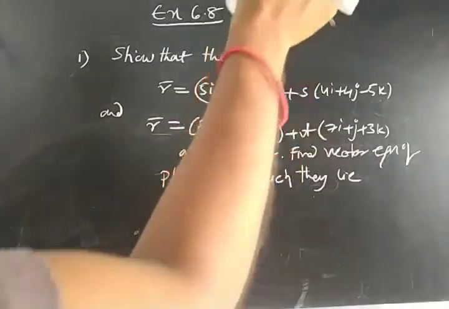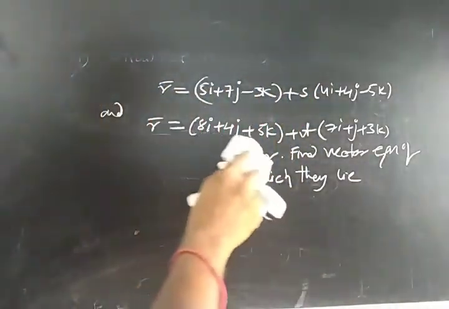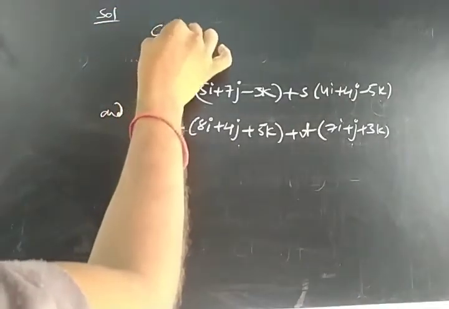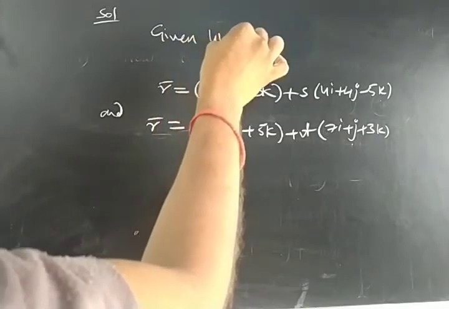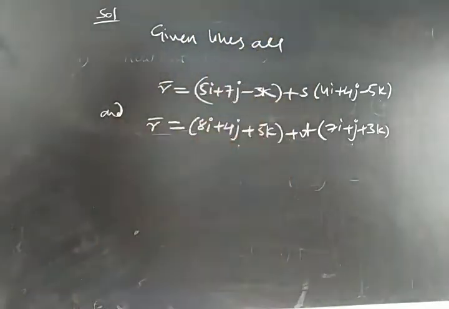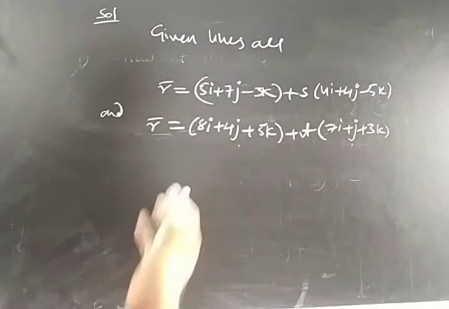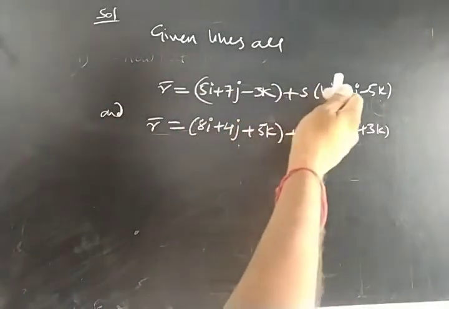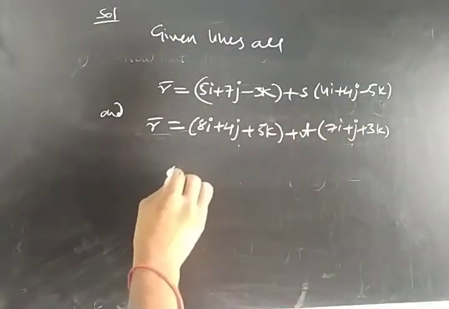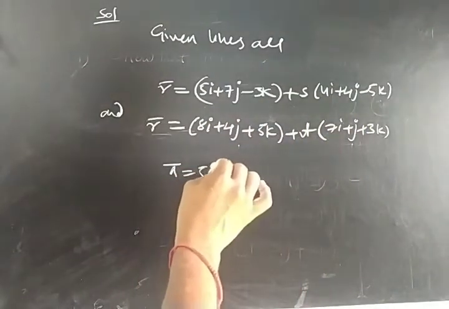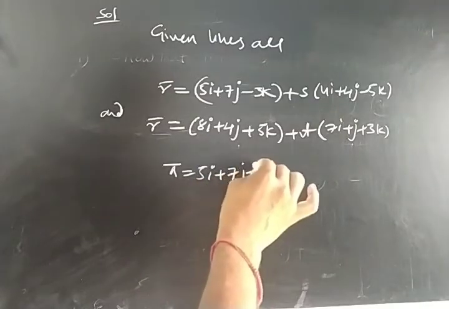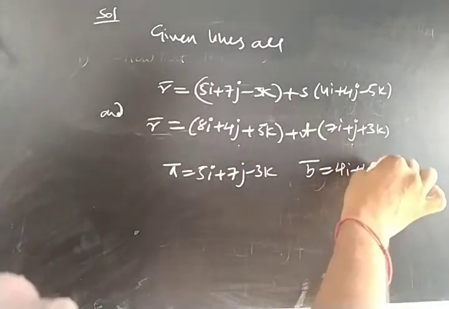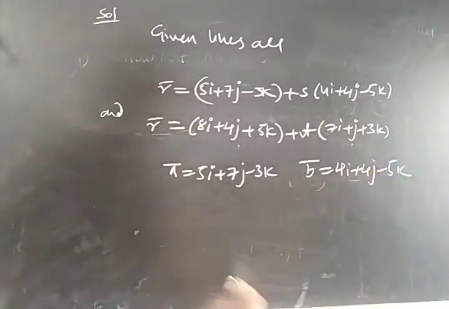Okay, right. So, solution. Given lines are: first line is r bar equal to this, and second line is r bar equal to this one. By comparing with r bar equal to a bar plus s b bar, and c bar plus t d bar, you will get a bar vector which is 5i plus 7j minus 3k, and b bar is 4i plus 4j minus 5k.